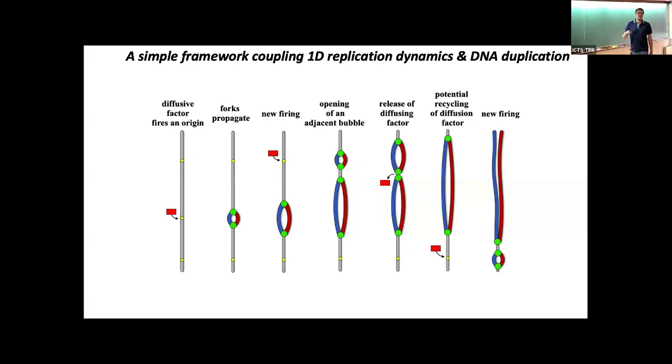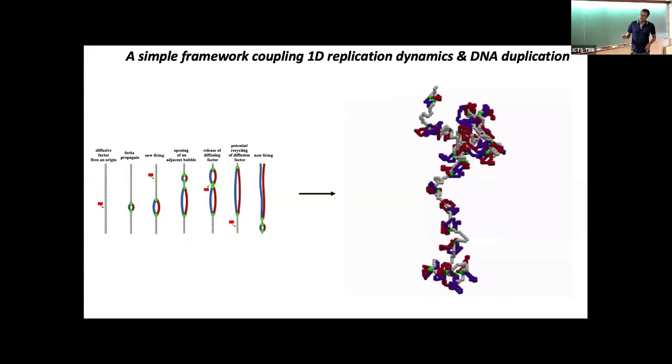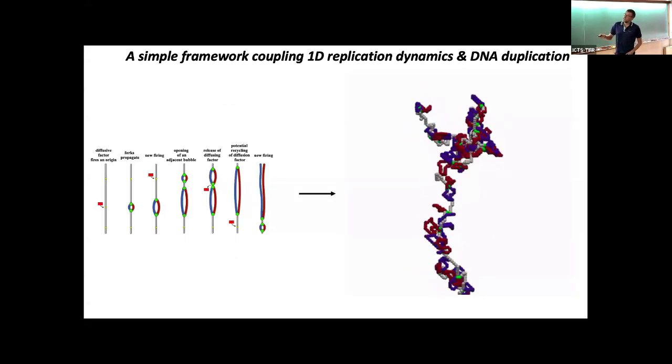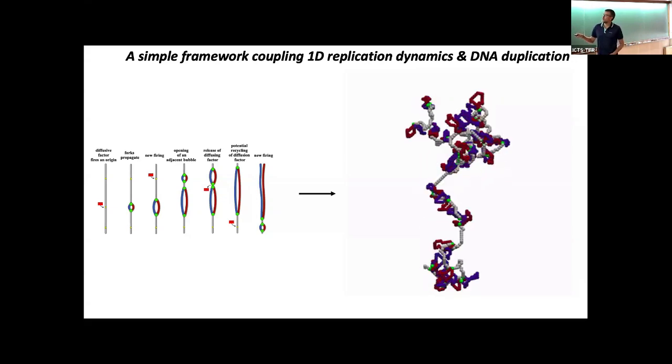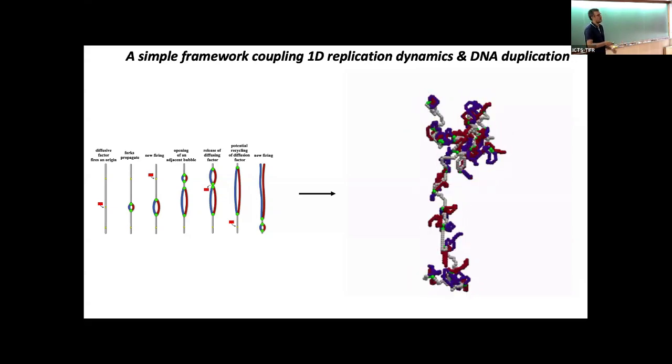In eukaryotes, you have multiple origins; in bacteria, you usually have one origin. We will mostly focus on eukaryotes. We have this very simple dynamics, and we implemented a stochastic model for it. The idea is to take this 1D dynamics and put it in 3D on a polymer that is moving.